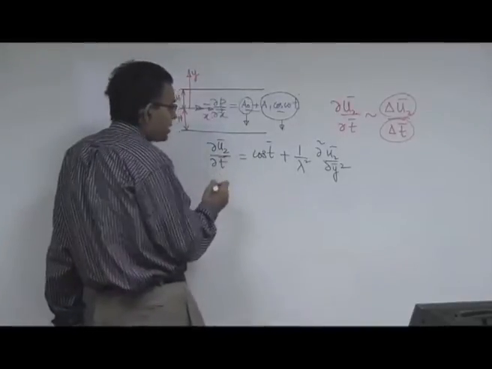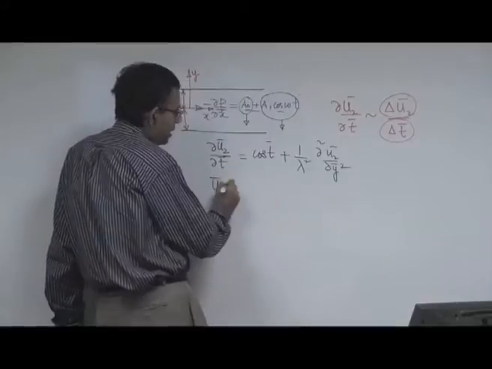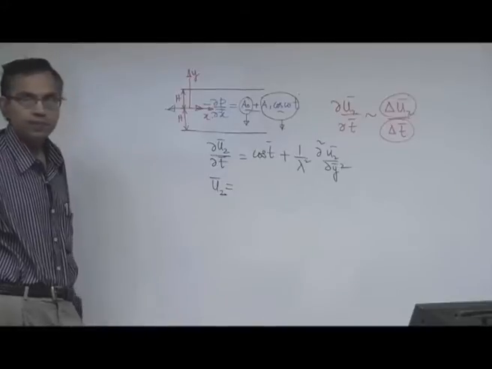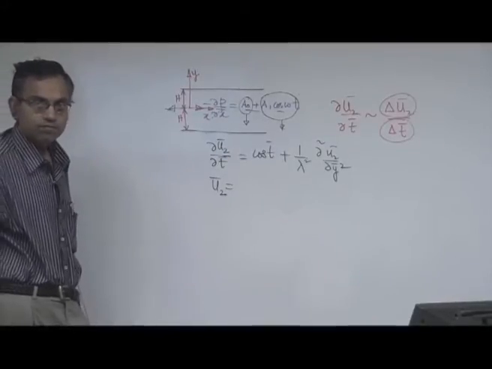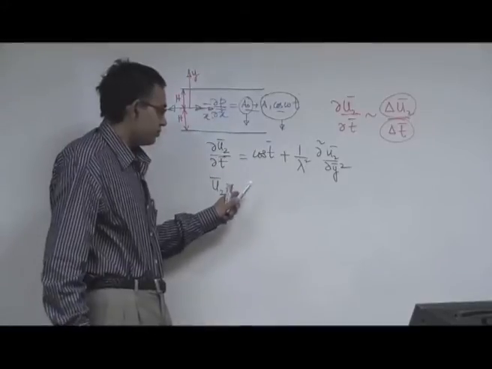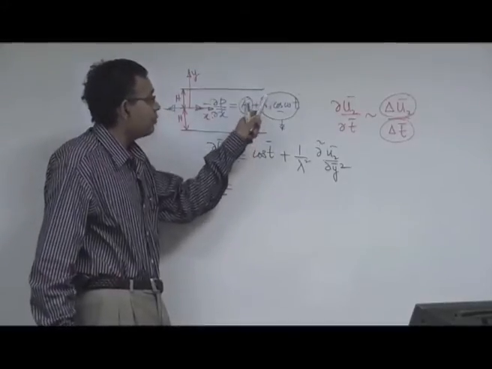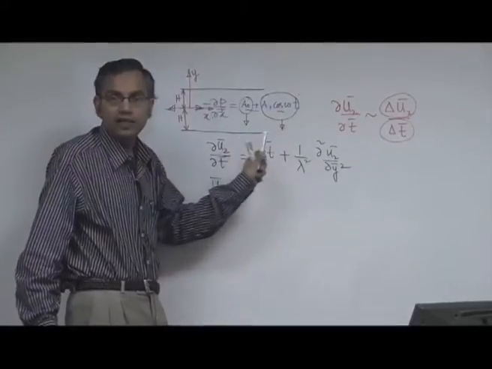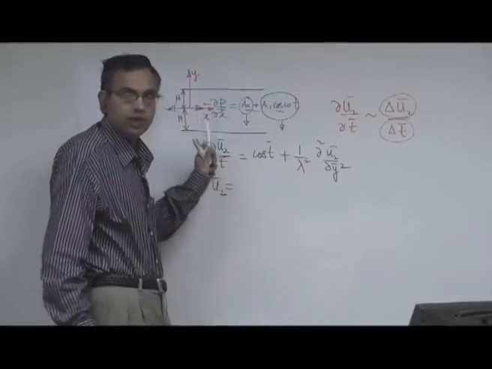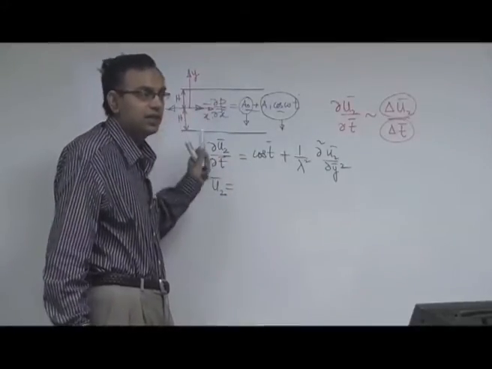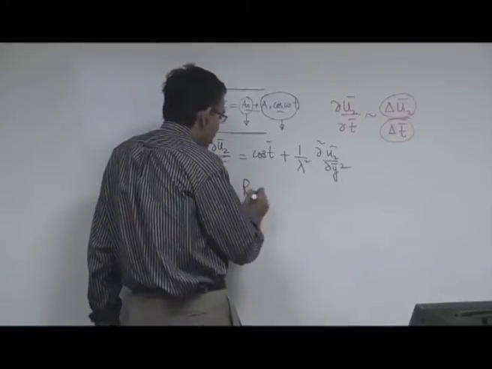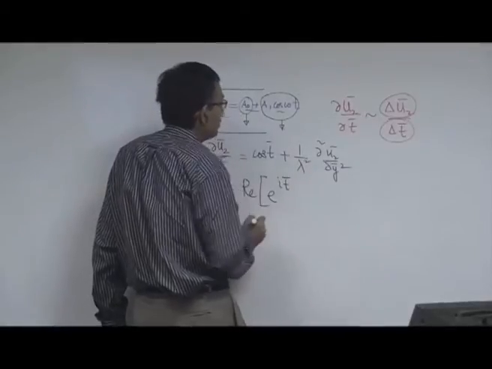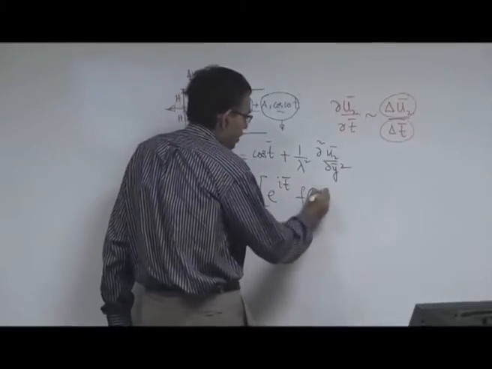So, just like the previous case, what will be the nature of the solution? For getting a solution, a separable solution of time and y. Because the forcing component is cos omega t, we will take the real of e to the power I t, not imaginary this time, because e to the power I theta's real component is cos theta. So, real of e to the power I t into f of y.